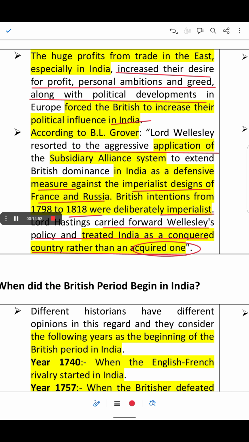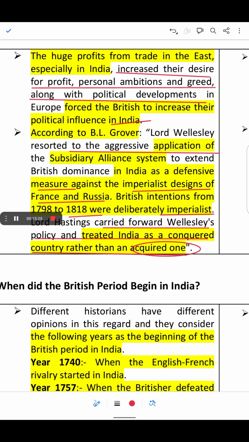This means India was not a partner or ally. It was treated as a conquered country and was used to serve the British according to their need and interest. Okay. So this is how they would make huge profit for their country, Britain, and trade was going on, but it would not benefit India's growth. Okay. So this was the thing.